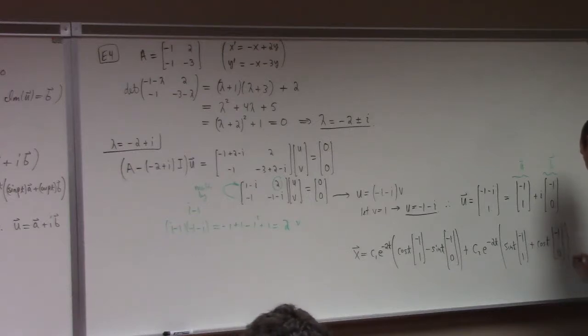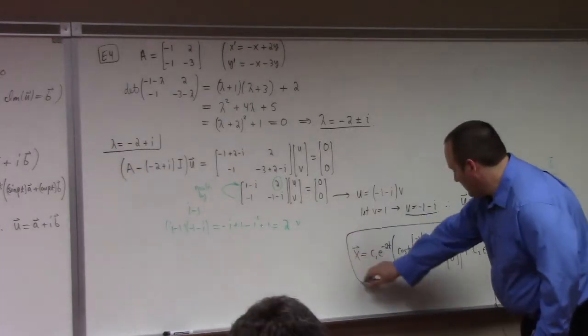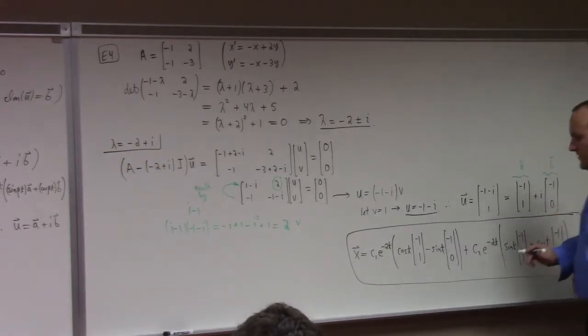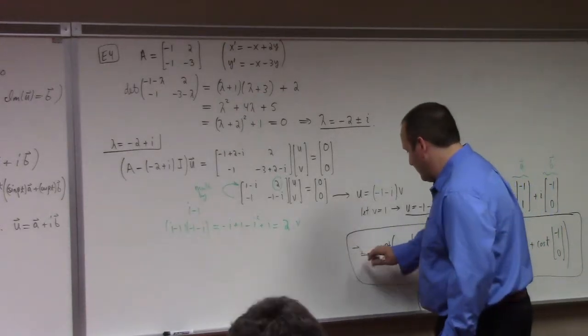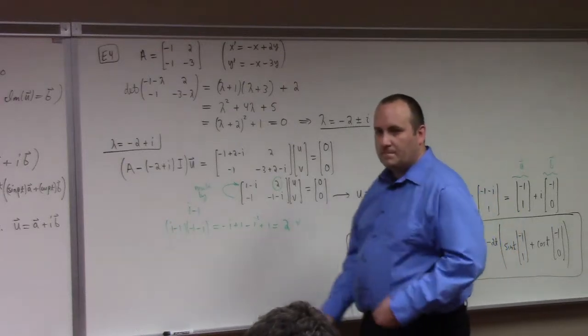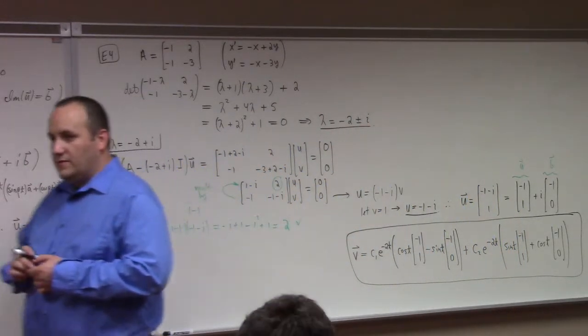There you go. That, my friends, is the vector solution to this problem. I guess I've been using v sometimes for the final answer, but whatever. What are the scalar solutions?